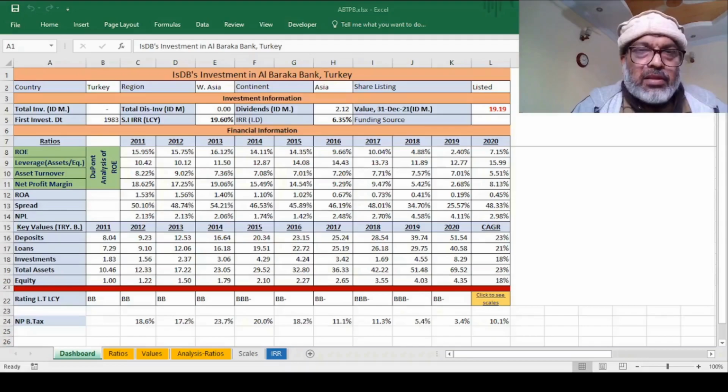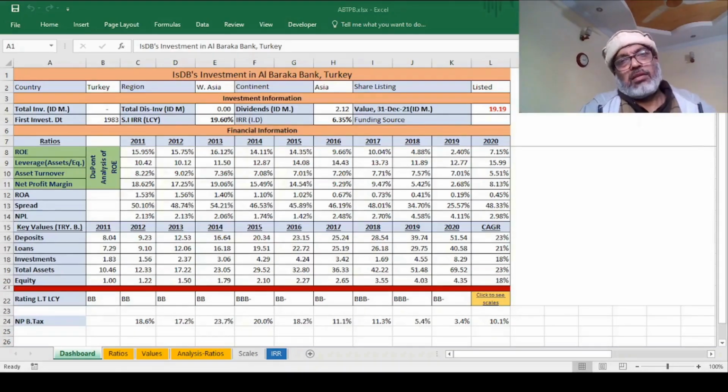I compared their ratios with the centralized data of their central banks. If they have been assembling data of the Islamic banks particularly, then I compared the Islamic banks with the Islamic banks, because in investment and finance, it is said that apples should be compared with apples. Apples should not be compared with oranges.